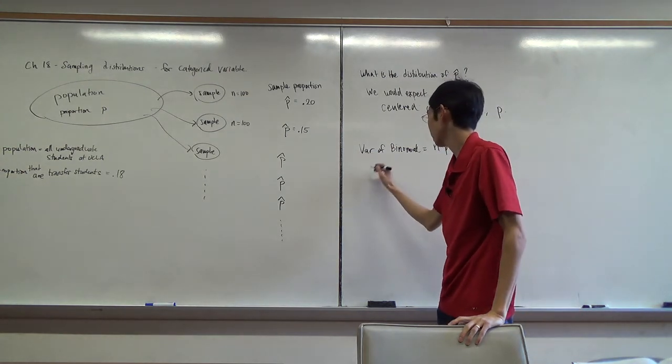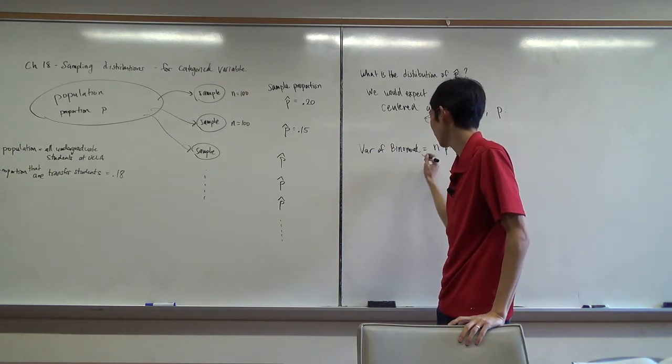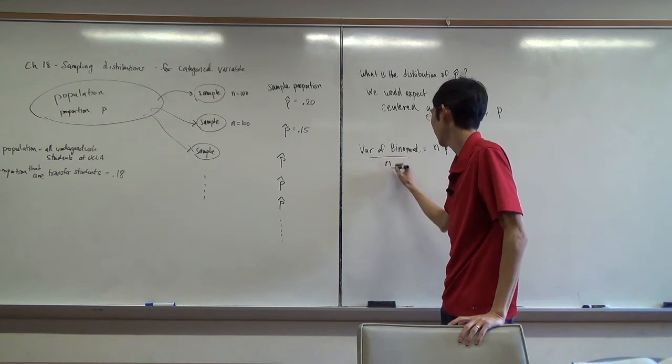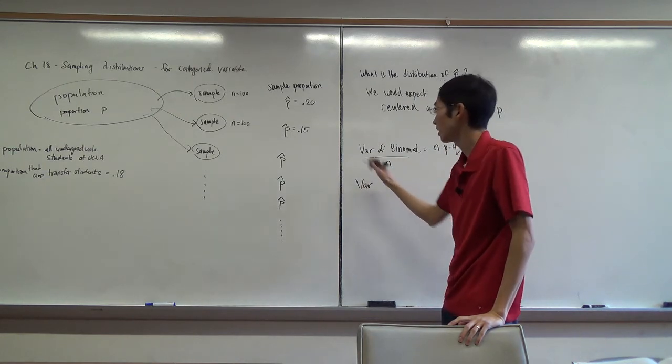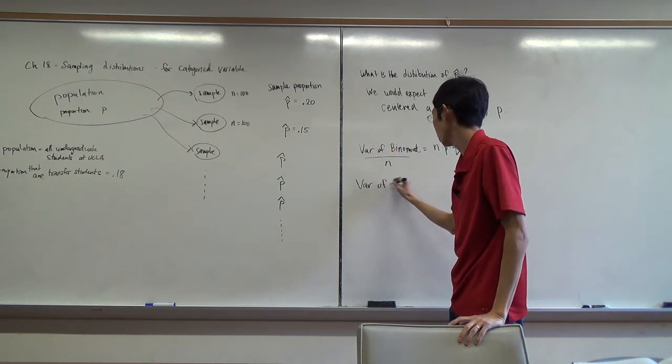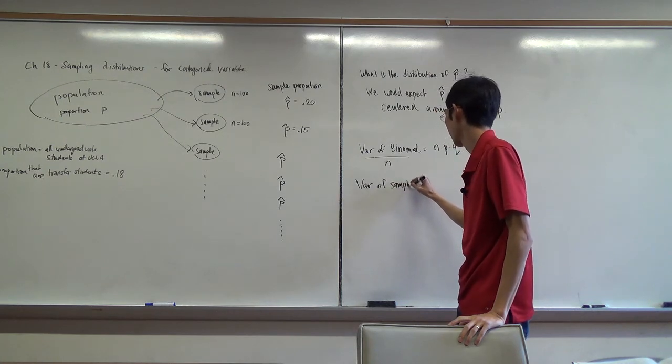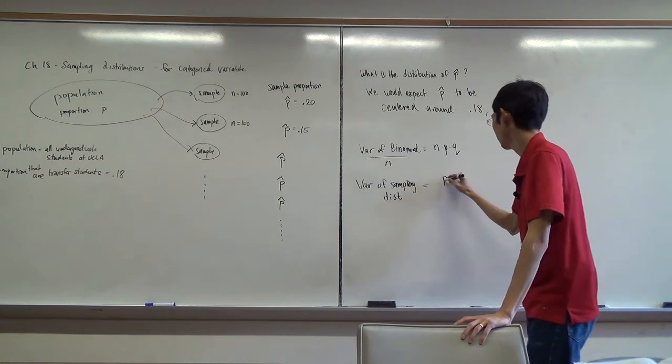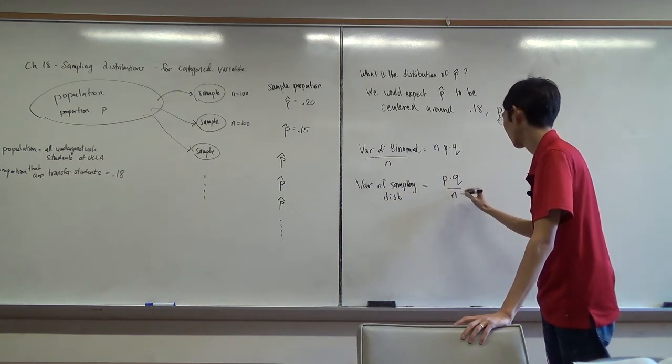I'm going to take this and divide by n squared, so the variance of our sampling distribution will be p times q over n.